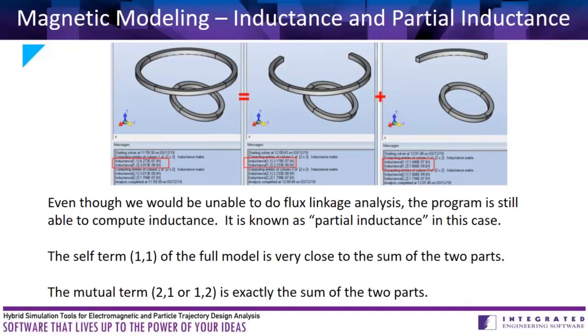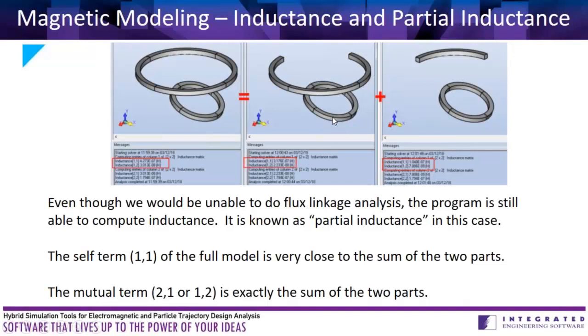So the partial inductance is a practical way of getting the results that we need here, because it lets us look at things and say, okay, as I open and close things, I might generate this loop. I have a partial inductance for this compared to this loop, and I have a partial inductance for this compared to this loop.